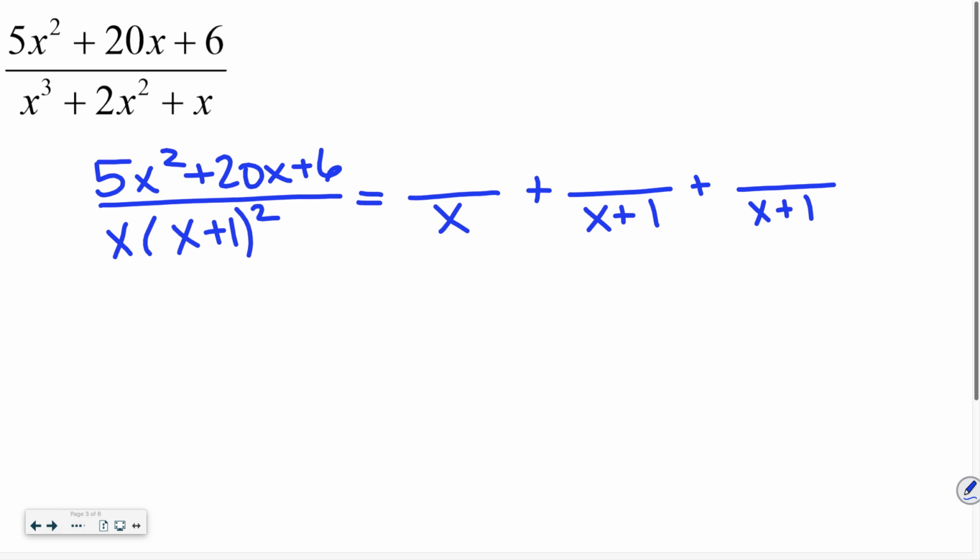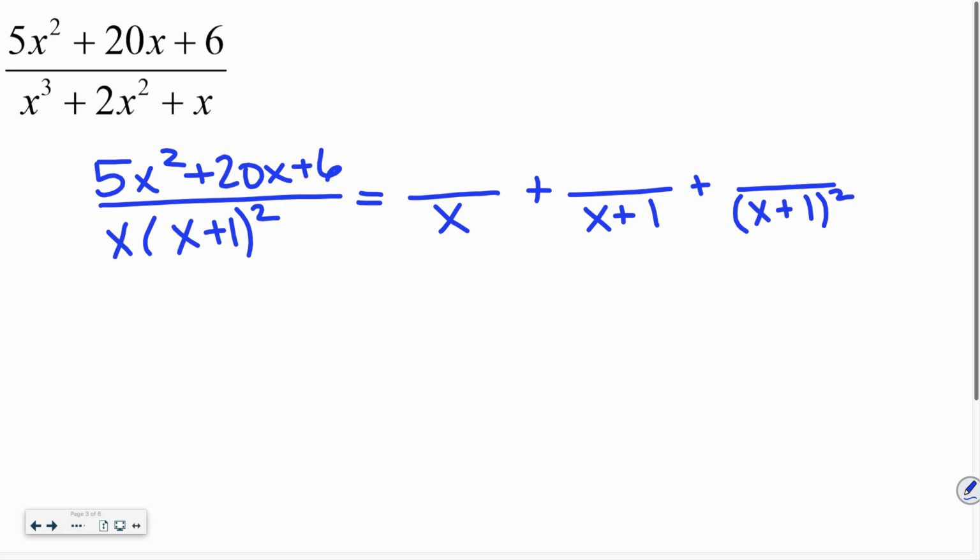Okay, sorry. So here we have X plus 1. When we have any factor to a power, we need to represent each of the powers. So here's X plus 1 to the first, and then we need X plus 1 to the second.